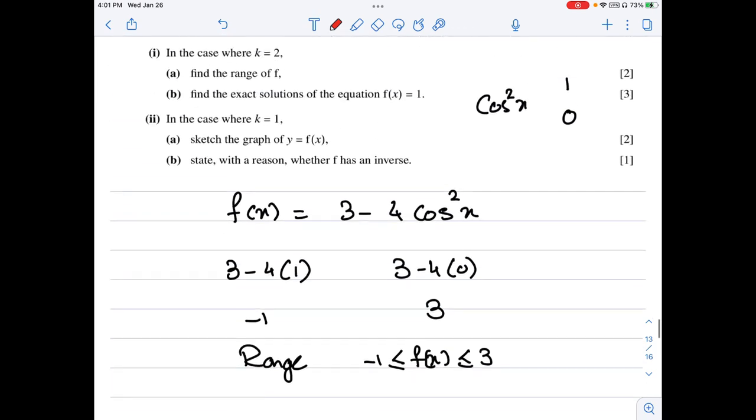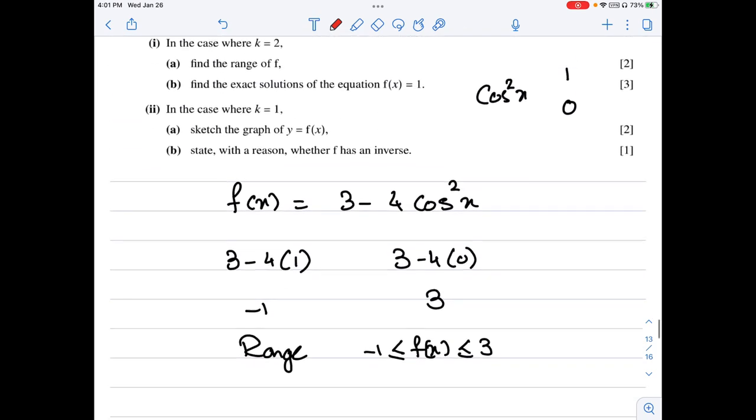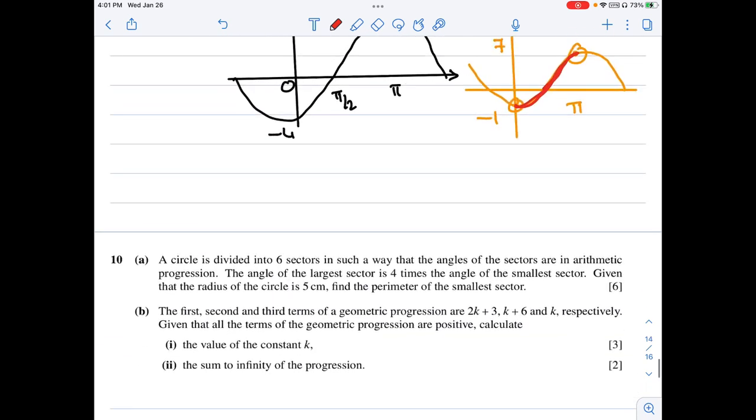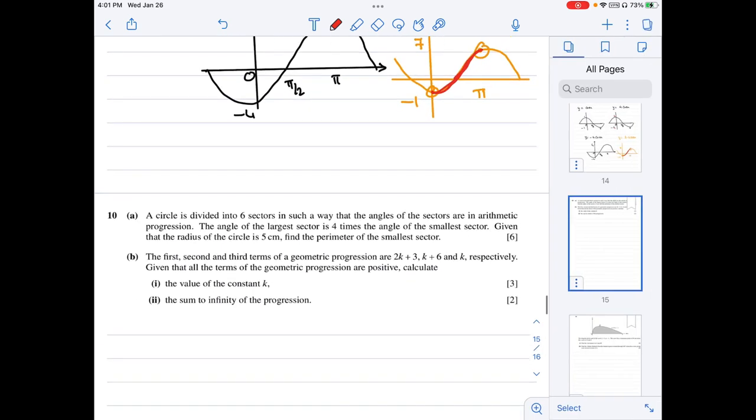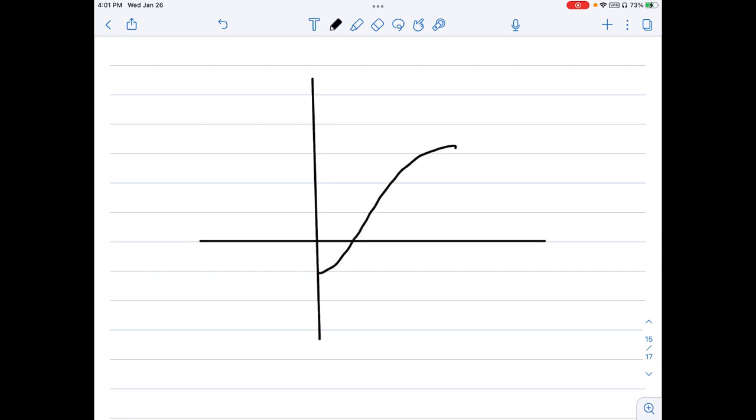Next, what else is being asked? State a reason why whether f has an inverse or not. So our graph, what was our graph? Again, we had a page, if you remember. So our graph was like this. So negative 1 to 7. You can see that it is a 1, 1 function.